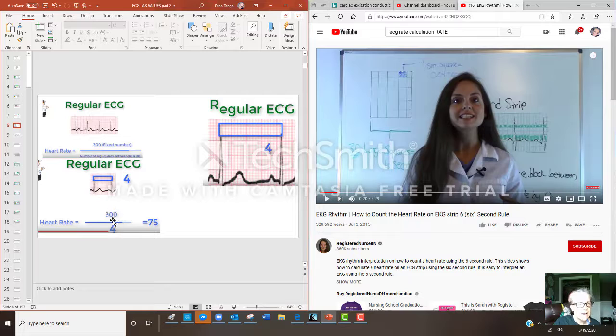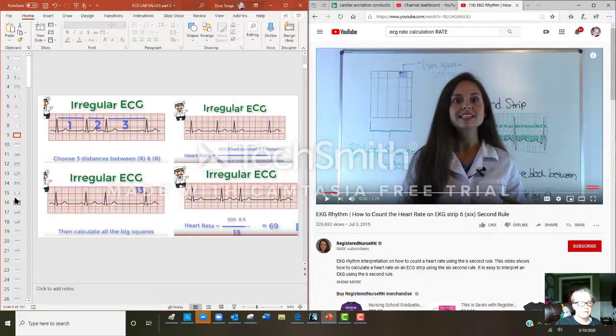You take 300 divided by 4, and the heart rate is 75. This is the R to R calculation if the EKG strip is regular. You just take 2 R's and count the boxes in between. With this example, there's 4, so you take 300, a fixed number, and divide it by 4, and the heart rate is 75.